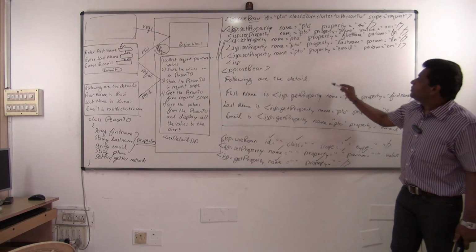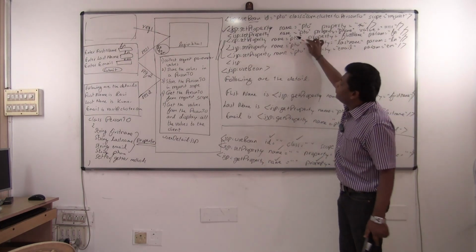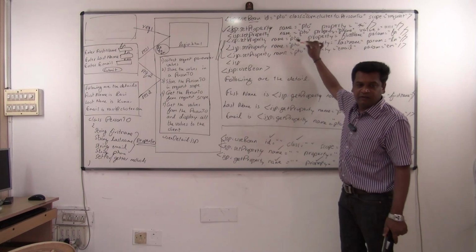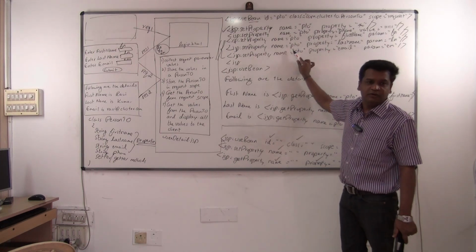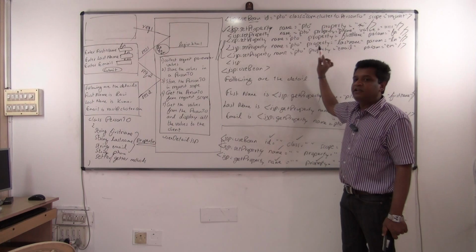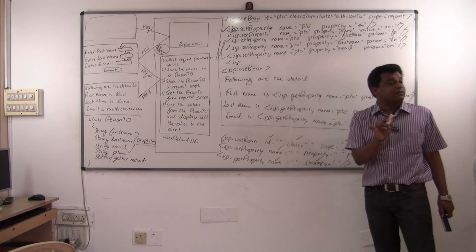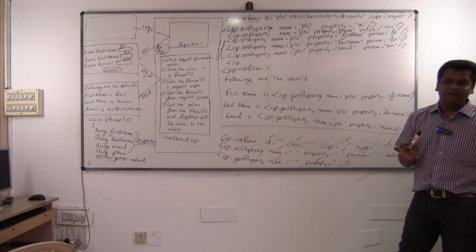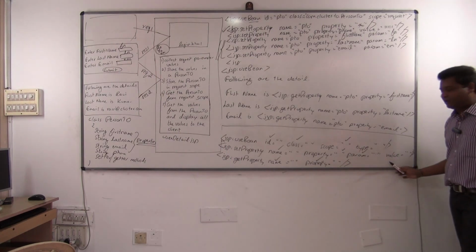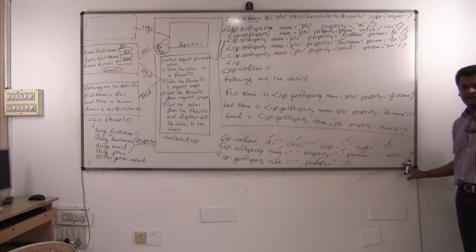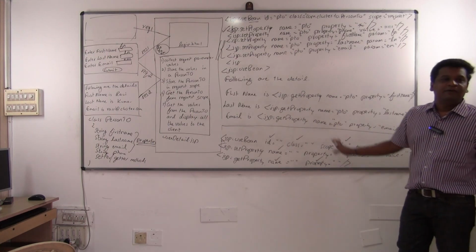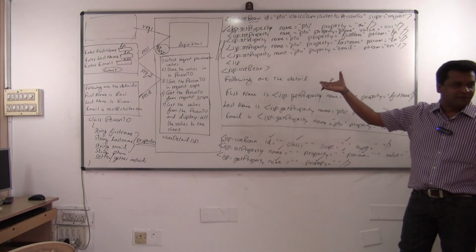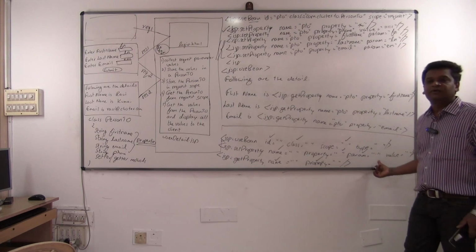So remember, it's very simple. You'll be giving the value to the property in the TO. When you are giving a value to the property in the TO, either you use param or you use value, not both. So when will you use param? When the value is coming in the request. When will you use value?